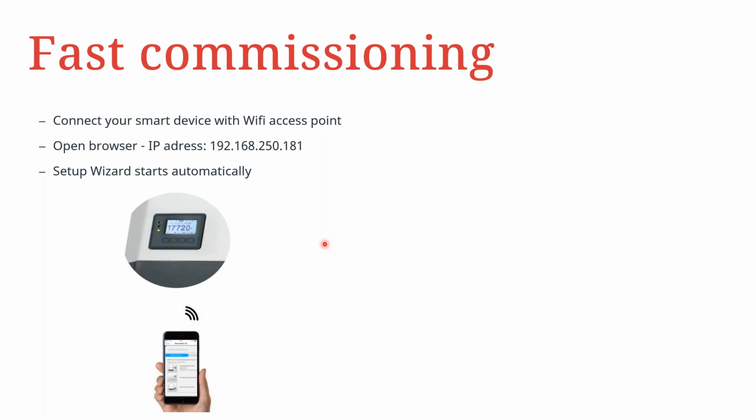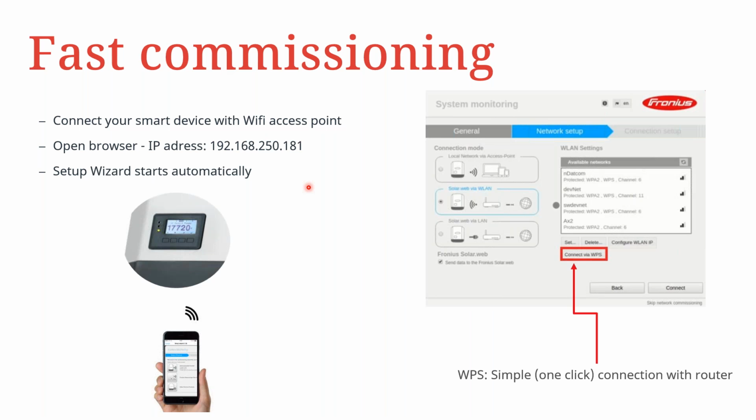For the commissioning process, once you're connected with the Snap inverter through your smart device, you would now have to open your web browser and input this IP address: 192.168.250.181. Once this is done, it grants you access to the setup wizard, through which you would be able to access the inverter and continue with your configuration.